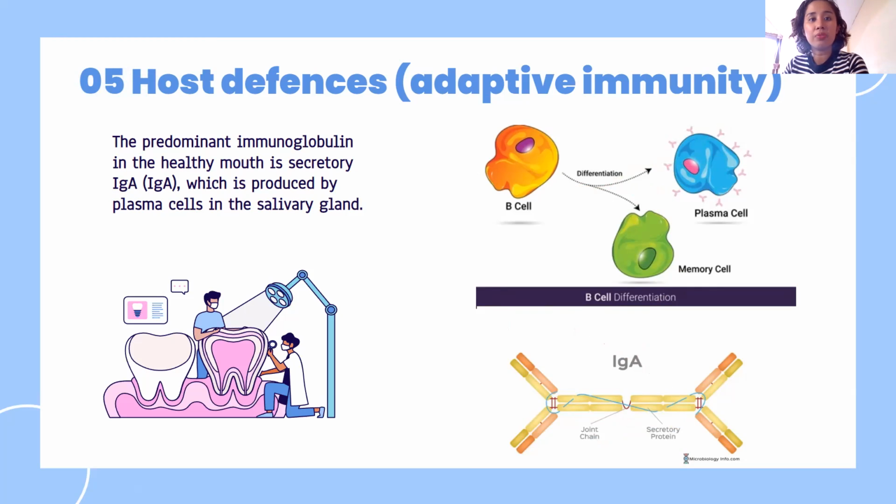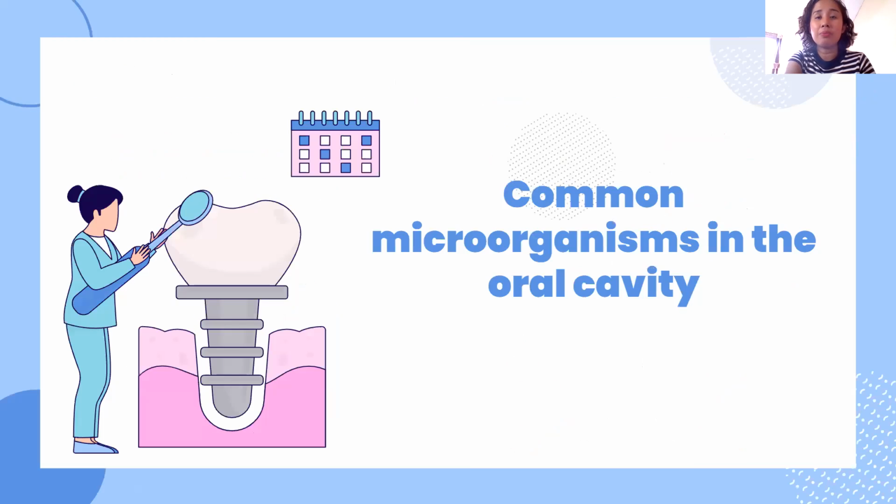B cell is a type of lymphocyte. So itong B cell na to, na-activate siya, naging plasma cell. And this plasma cell has the capacity to produce antibodies, which is specifically IgA, okay? So, itong B cell, pwede rin siyang maging memory cell so that it will have a memory of the disease. Okay? Na-meet na kita because I have a memory cell.